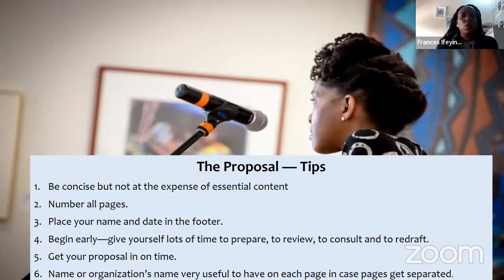Last minute does not work. No matter how much information you have, no matter how skilled you think you are, the earlier you start, the more easily you write, you build better, and you run a lesser chance of making mistakes. So start in time, review appropriately, and submit on time.